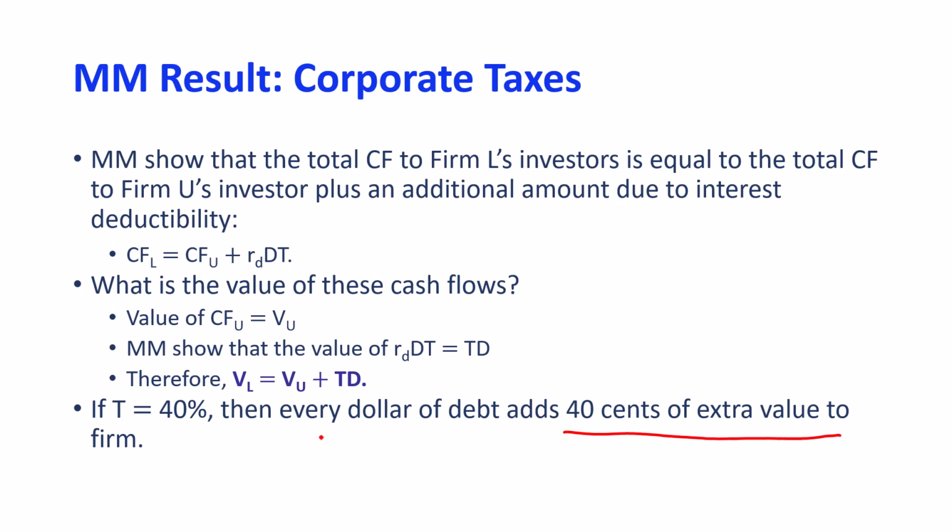So given this proposition, how much debt is good? Of course, 100%. The optimal capital structure in this case might be 100% debt, because for every dollar of debt, you're adding 40 cents to the value of the firm and you're maximizing value for the shareholders.